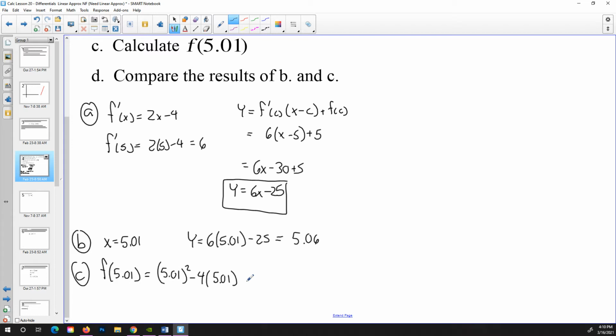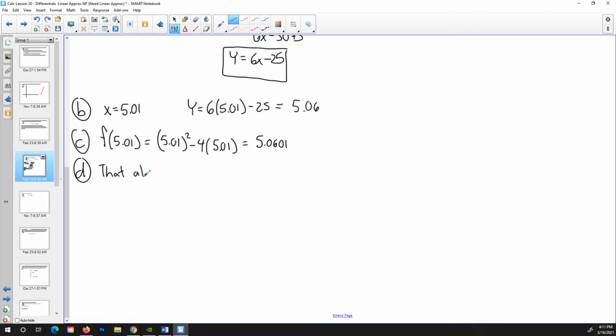And when I calculate that, I end up with 5.0601. All right. So we could say in part D, compare the results of C and D at x equals 5.01.